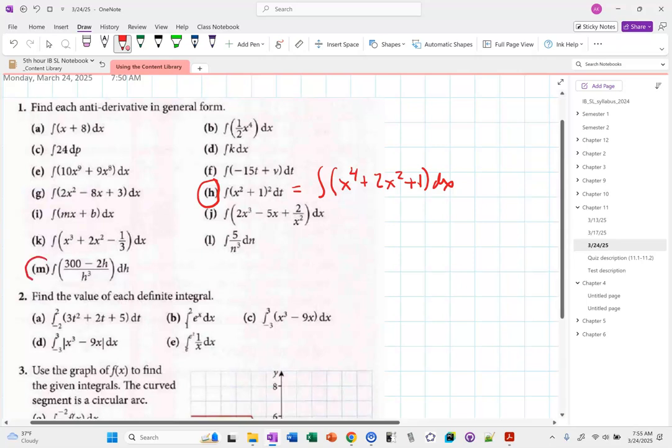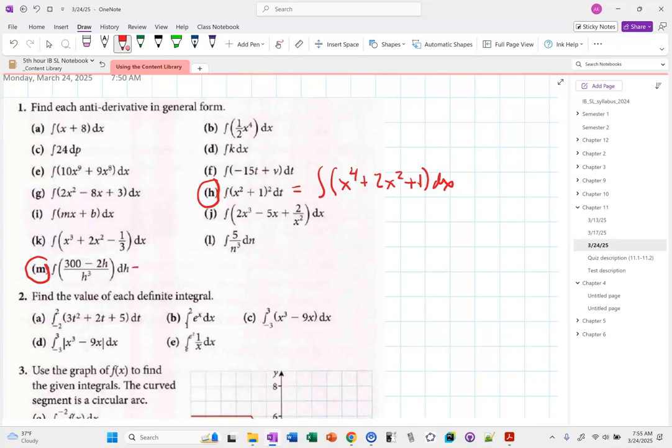How about M? What are we going to have to do for M? Good. And then we can reduce and then rewrite them with negative exponents.